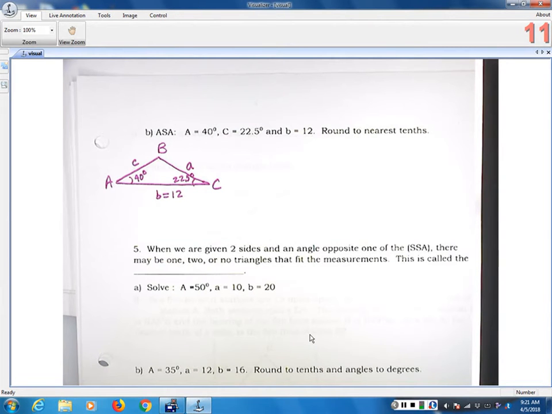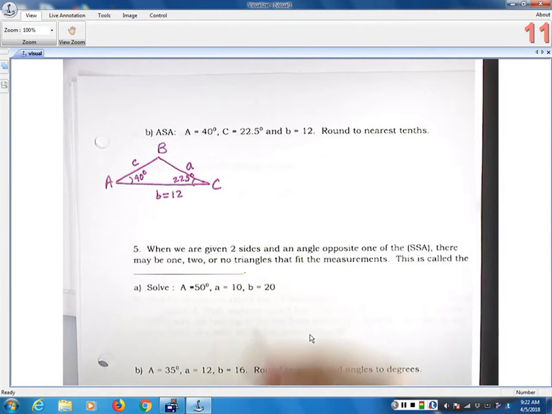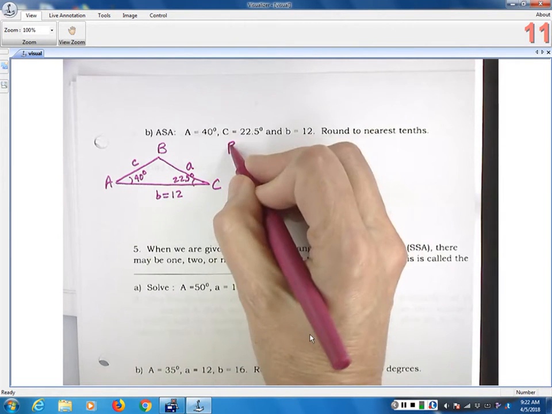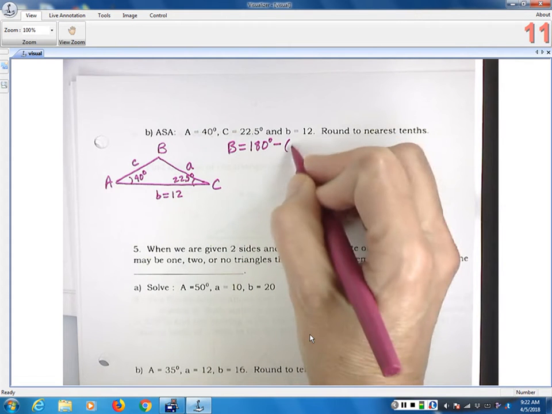All right. We did remember to go ahead and put the units and the degree symbol on the last one. So, okay, we can find angle B. It's just going to be 180 minus the sum of the other two angles.